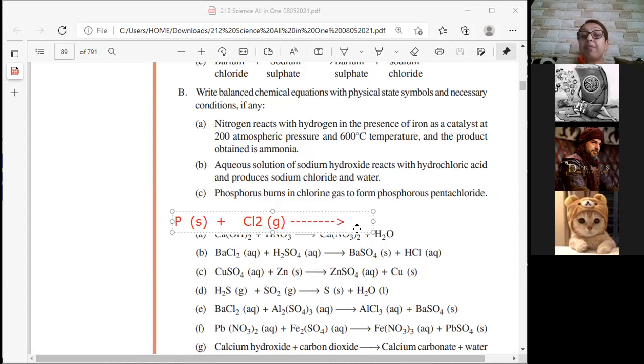And what are we getting? Phosphorus pentachloride. How do I write this? Phosphorus, penta, pentachloride means Cl5. Am I right?